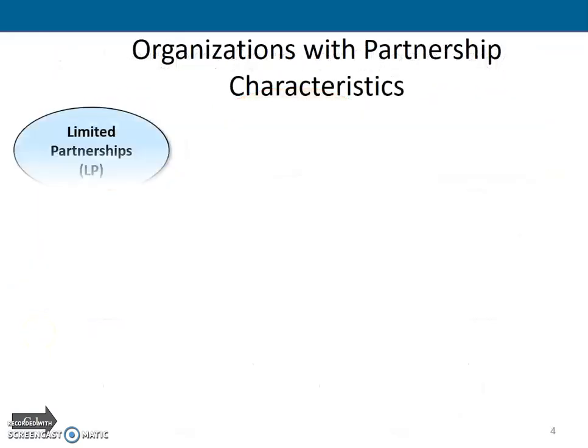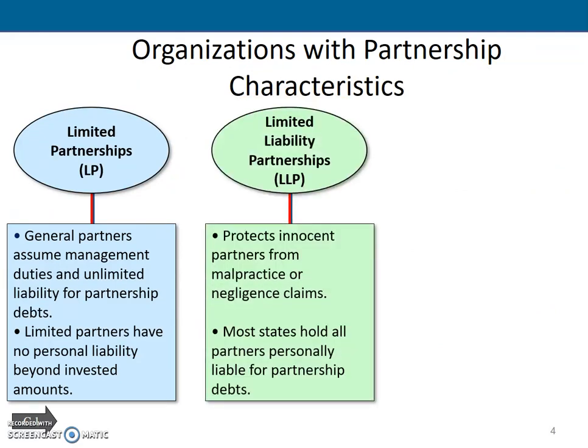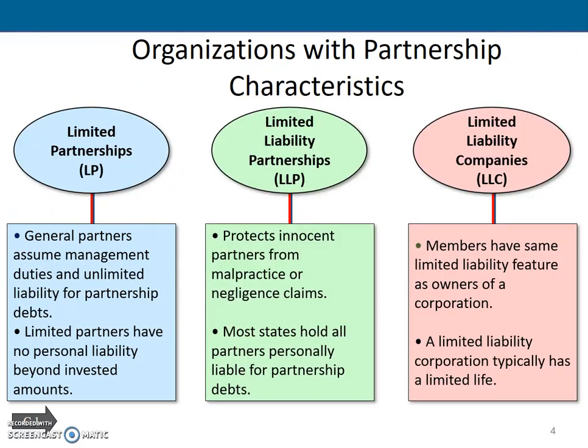All right, so let's look at the different organizations within partnership and the characteristics of each of them. First we can have a limited partnership, and that's abbreviated with an LP. With a limited partnership, those are people that want to invest in the partnership, but they don't want the risk of that unlimited liability. So instead, they form a limited partnership. That's why it's identified with that LP, or sometimes you're going to see LTD, and it means the same thing.